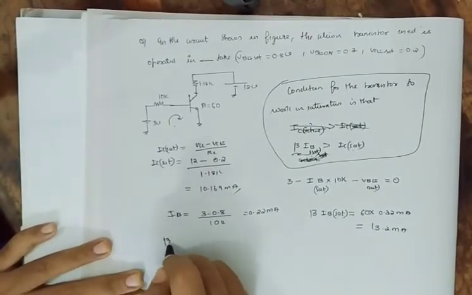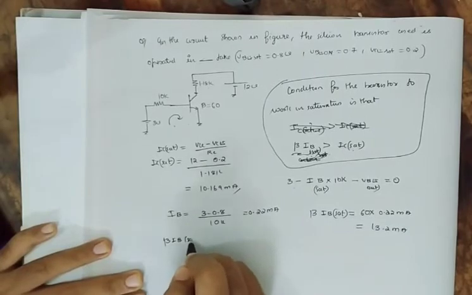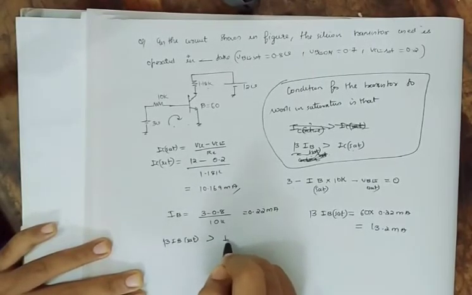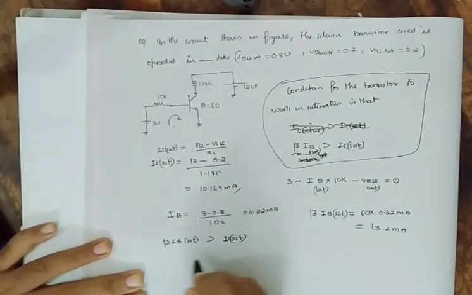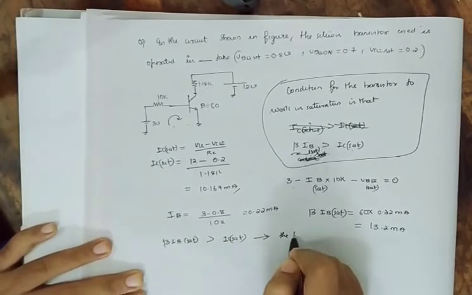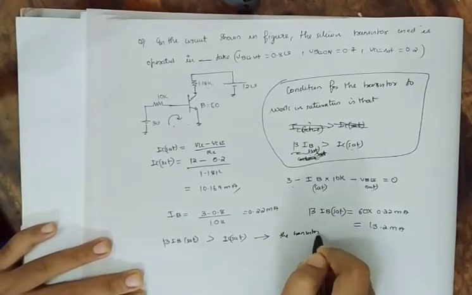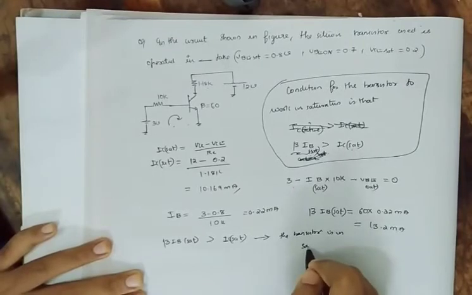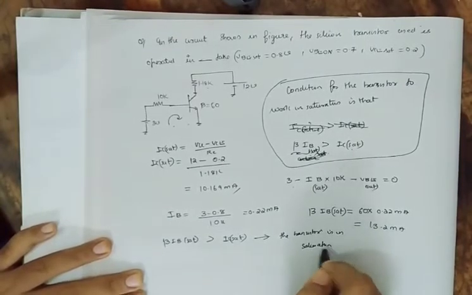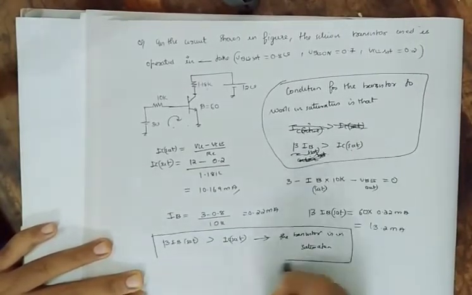As you can see, beta IB saturation is greater than IC saturation. This means the transistor is in saturation. Okay, now let's do the next question.